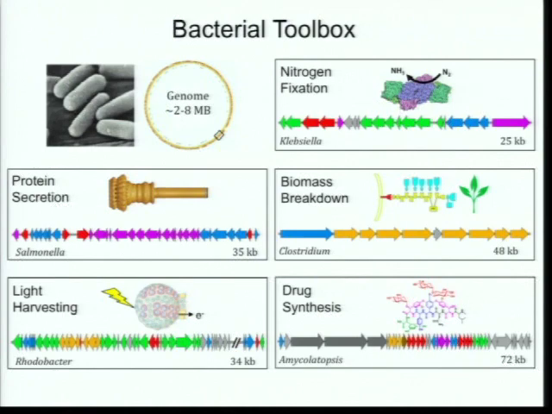We also work with type 3 secretion, which is a hypodermic needle that pumps proteins out of the cell. Many cellulosomes are encoded within gene clusters. Things like light harvesting complexes and photosynthesis, and there's a whole plethora of clusters that make a variety of molecules that are relevant for chemicals and pharmaceuticals and so on.